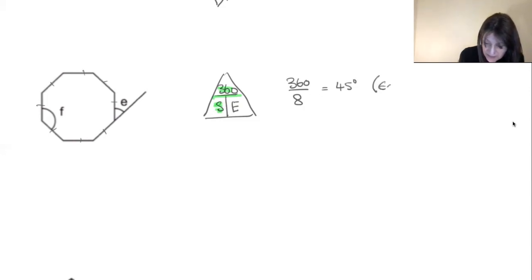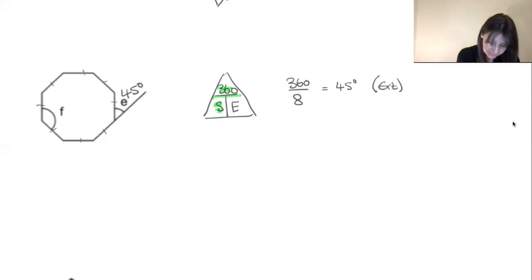Now, whilst you're learning this, and even when you're good at it, it's good practice to label what you've just done, because when you've got a multi-step question with a lot of maths happening, it's really easy to forget what bits went with what. Always mark on your diagram as well, because that can help you see other things. So I now know that this exterior angle is 45 degrees.